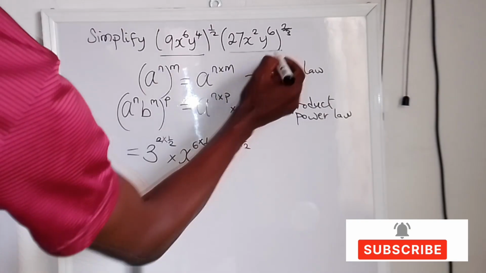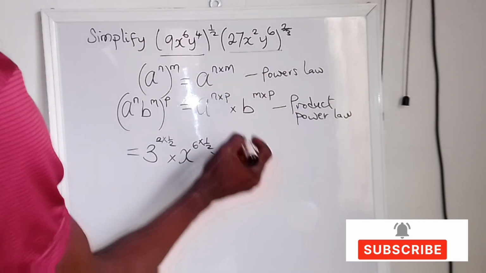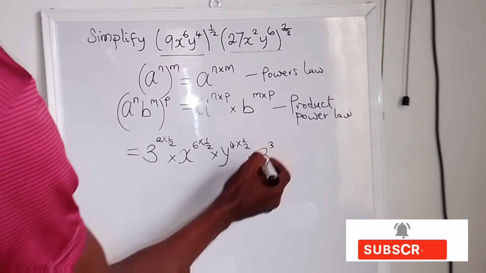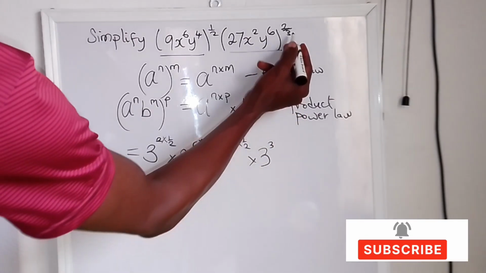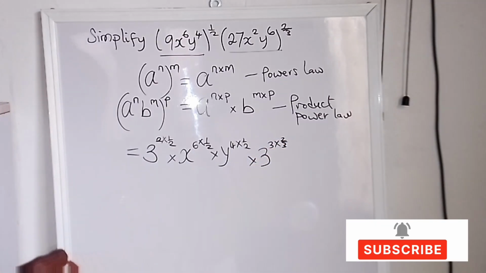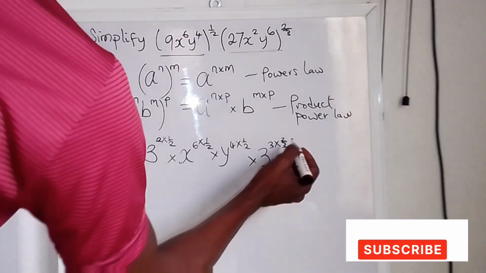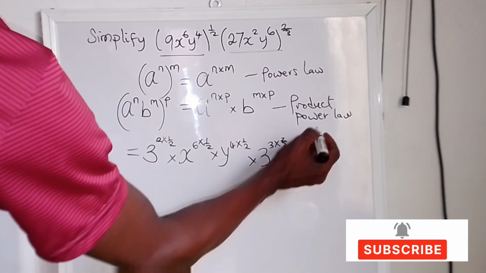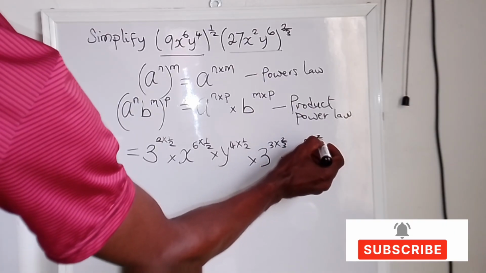Let's move to the second part. We have the index form of 27, which is 3 raised to the power of 3. Then multiply by the power outside, the fractional index there, 2 over 3. The second one is x raised to the power of 2 multiplied by the outside.